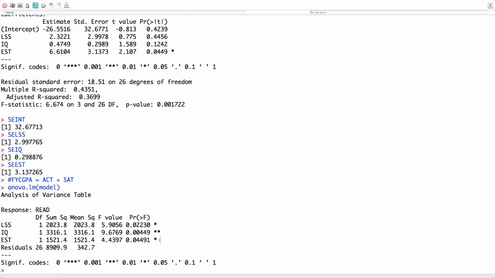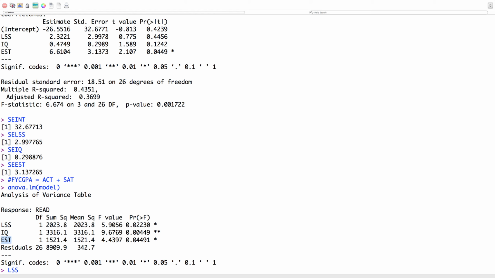But guys, at the end of the day, what I want you to see from this is that it's incredibly difficult to interpret, in terms of estimating our coefficients, which we can do up here, which actually looks at the impact of one in consideration of the other three being in the model. It's not what's going on here. IQ is considered with LSS already being in our model.